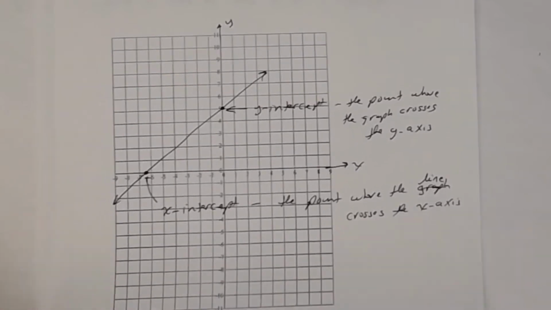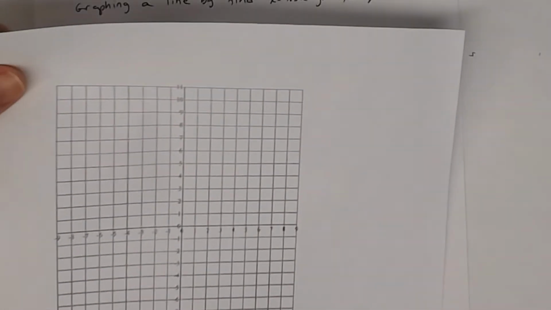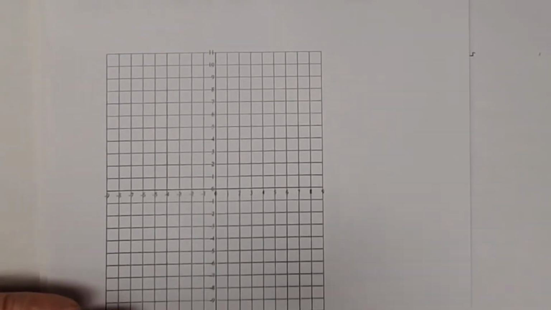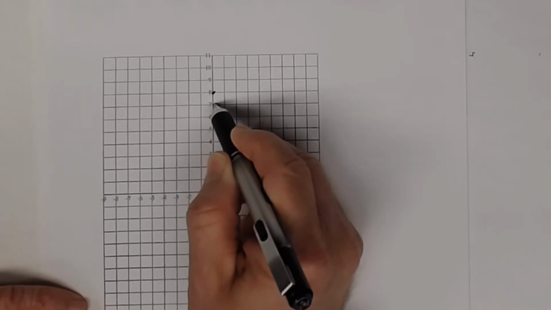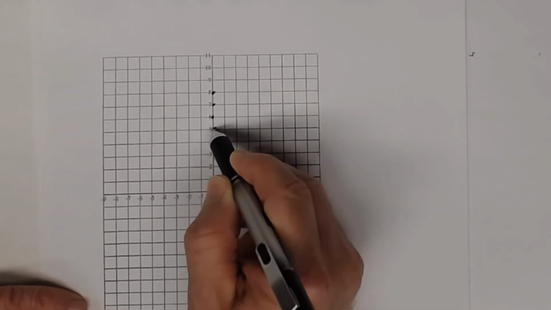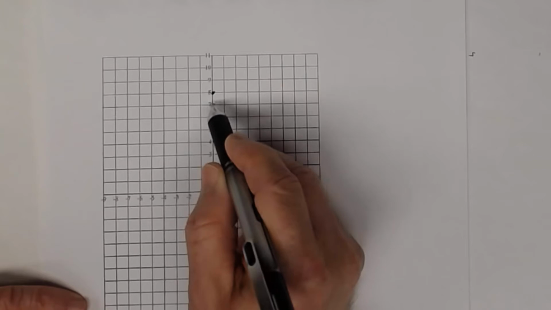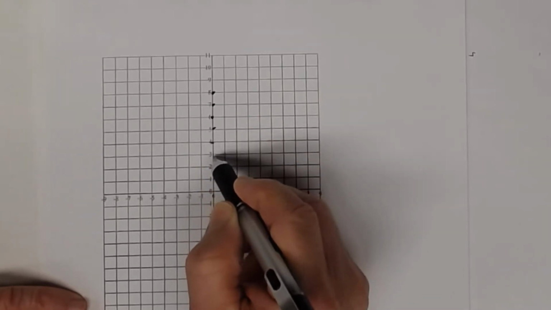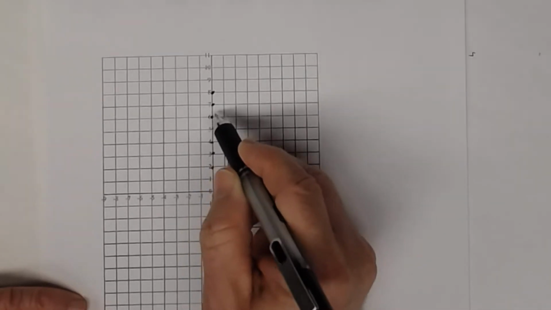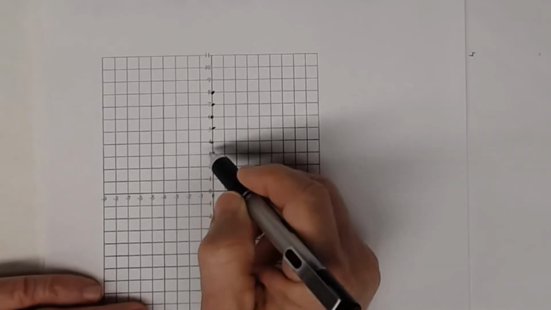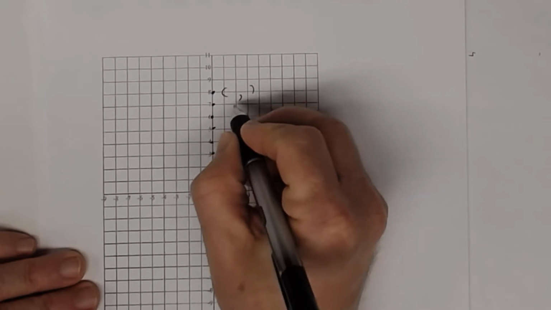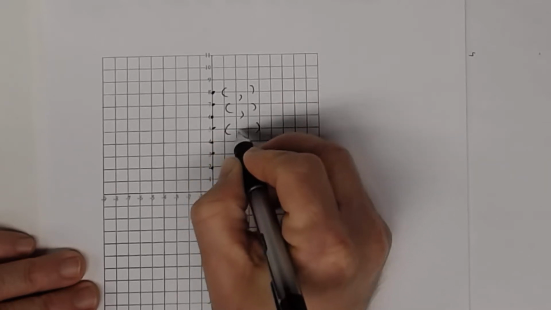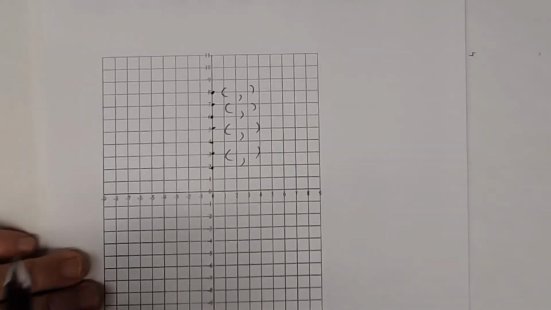All right, now a couple of things we need to talk about though before we actually look at a problem, and that's this. So remember the y-intercept is where the graph crosses the y-axis. So if I look at any point that's on the y-axis, and I'm using some nice points here, the points where I see those integers, and I label all of them, I want you to notice something.